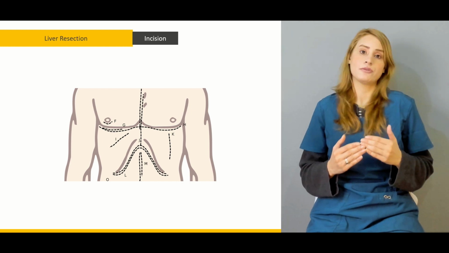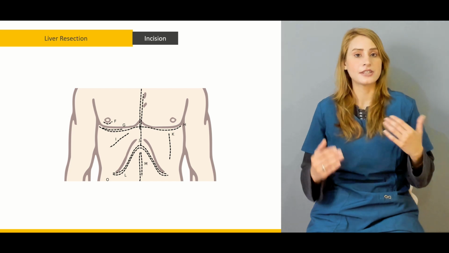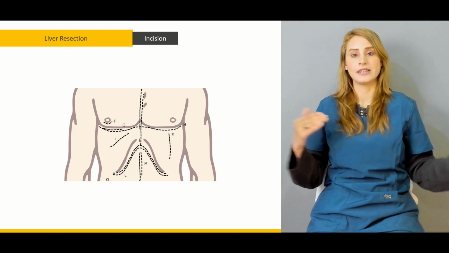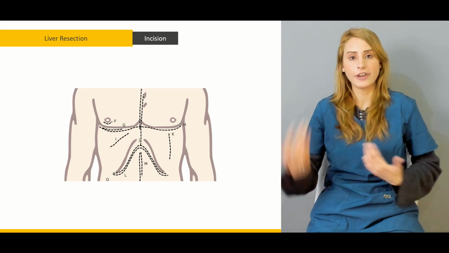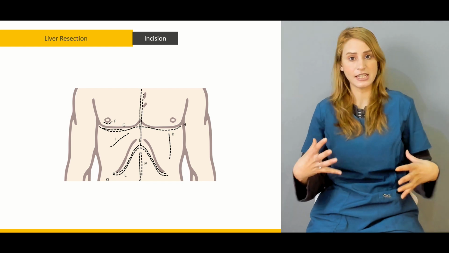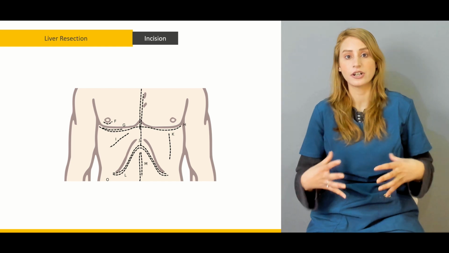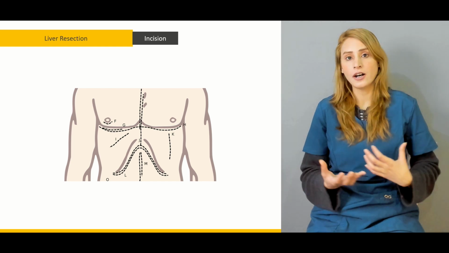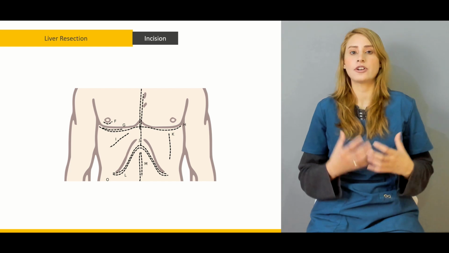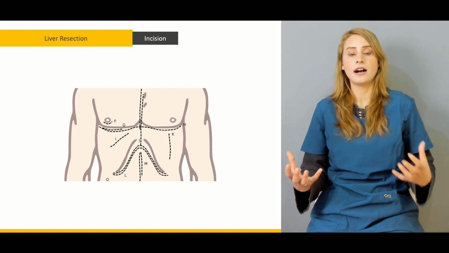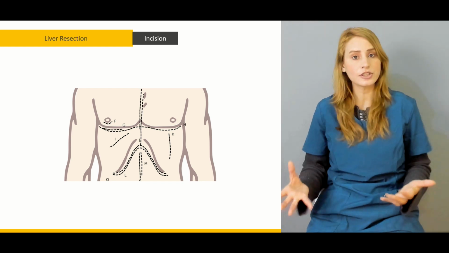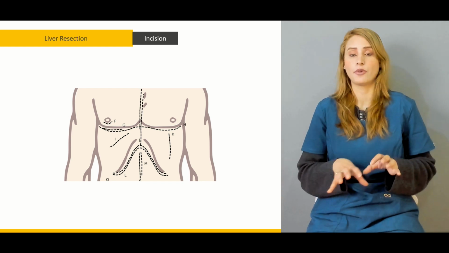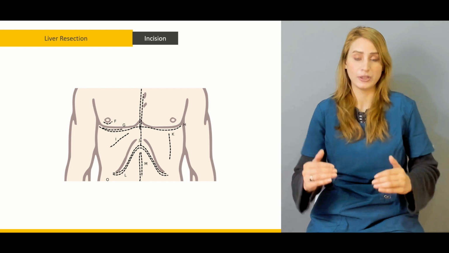Then the second most important thing is to involve the anesthesia team, because they have to keep the central venous pressure low. We all know that the liver has a massively profuse blood supply, so whenever you are dealing with this compartment, it can bleed profusely.